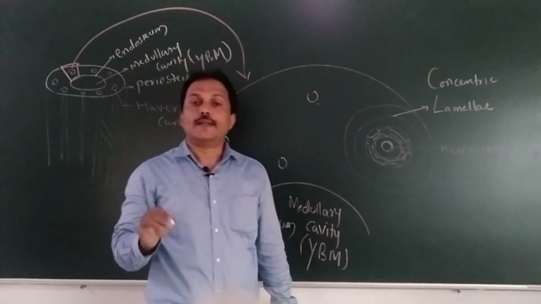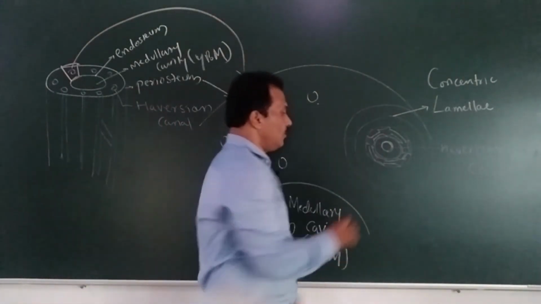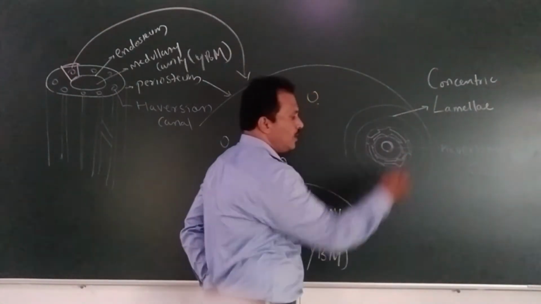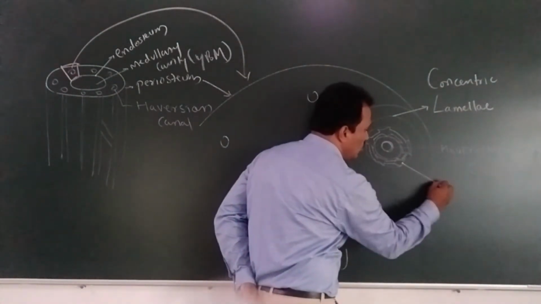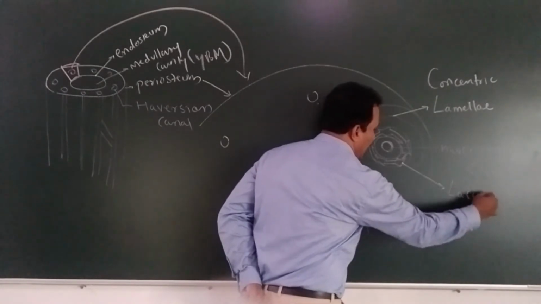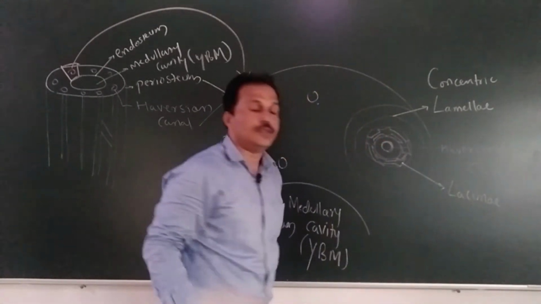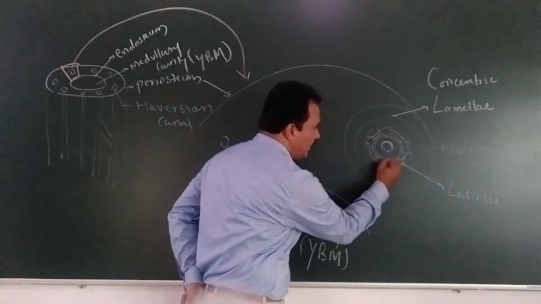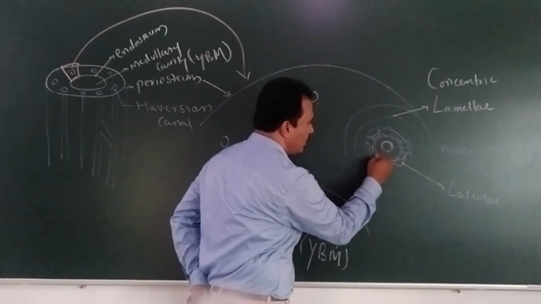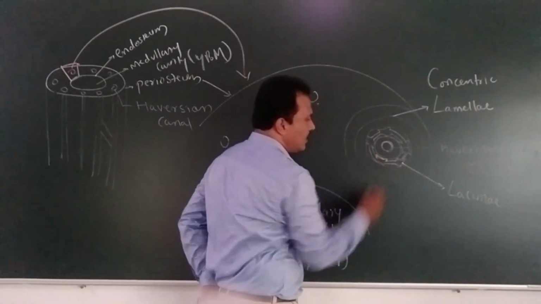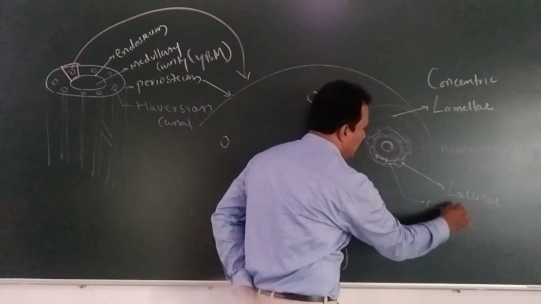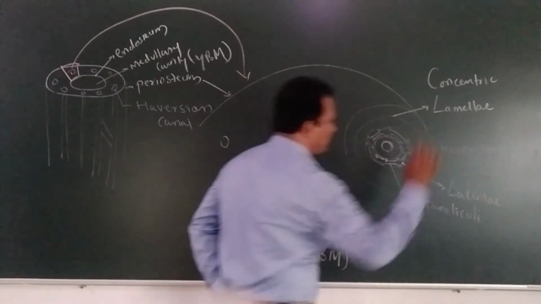So these particular spaces, these irregular spaces in the concentric lamellae, are known as lacunae. This lacunae is connected with another lacunae by this canal, which is known as canaliculi.